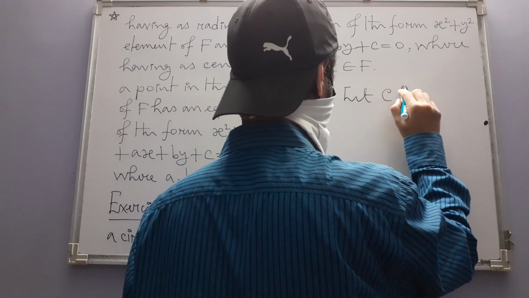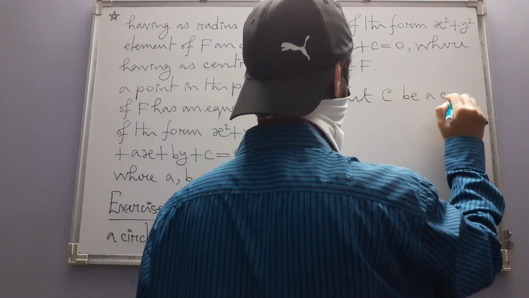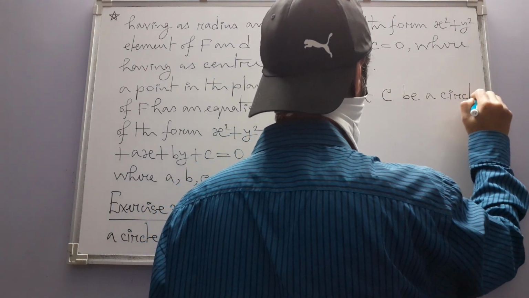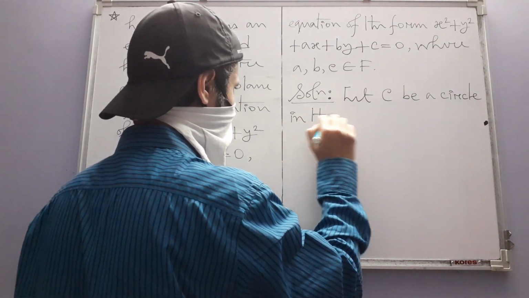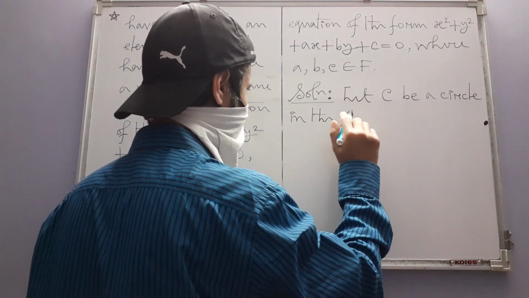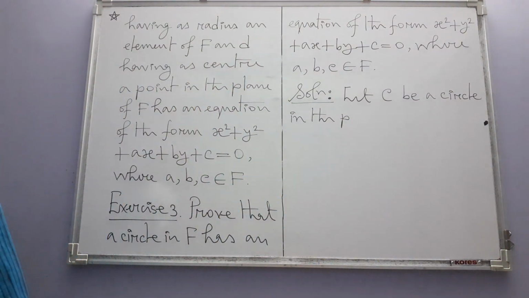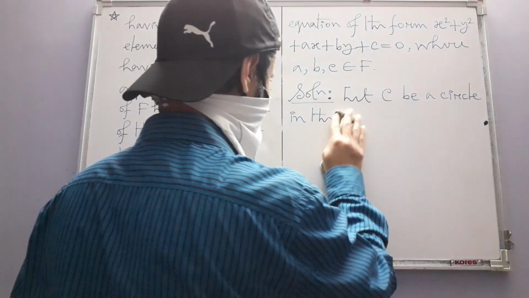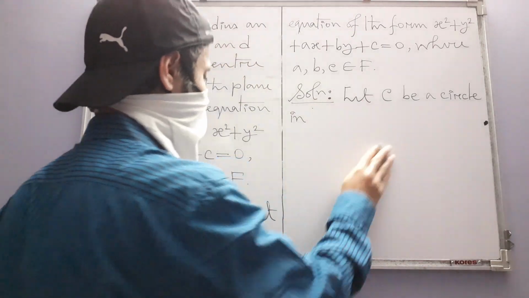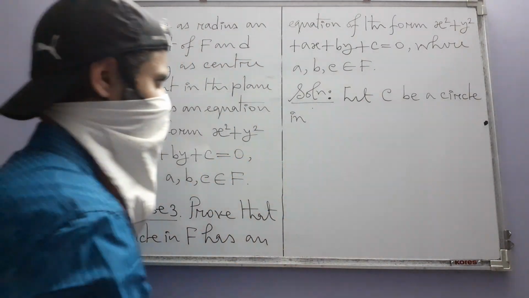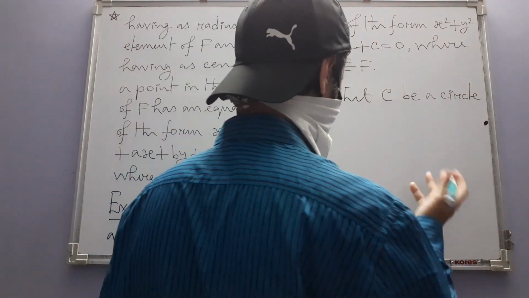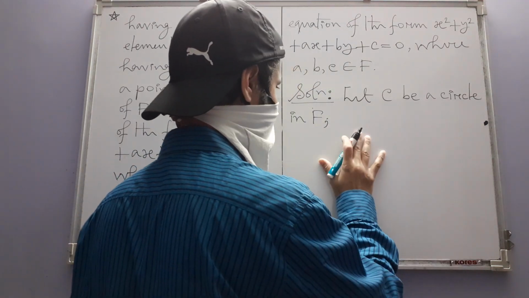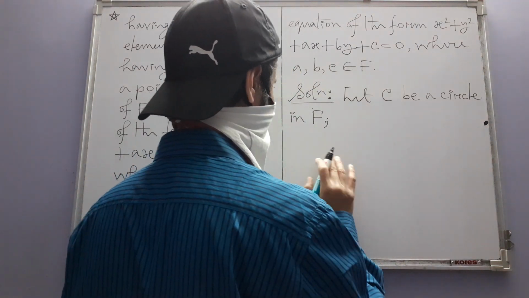Let C be a circle in the plane of F, or let's just use this terminology, in F. So let's consider its center and radius.